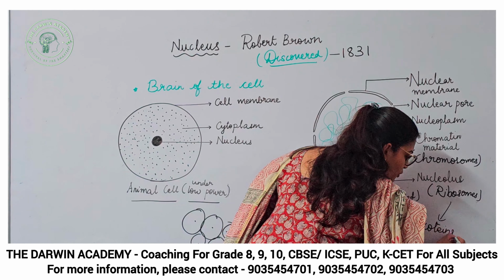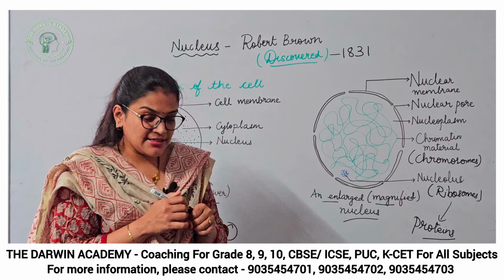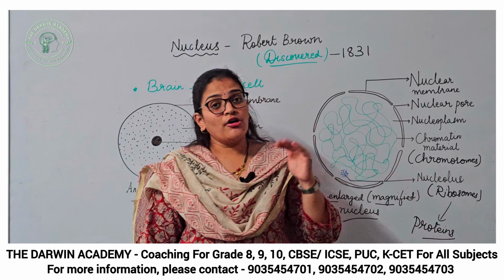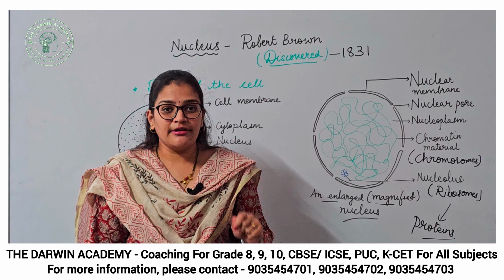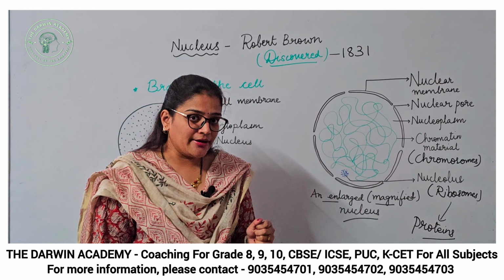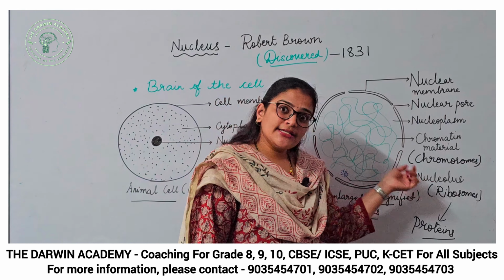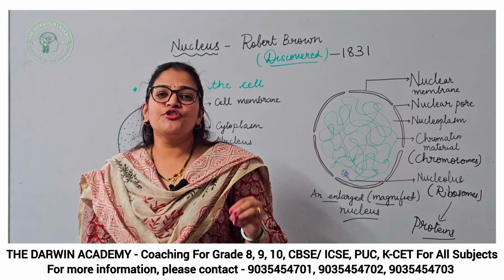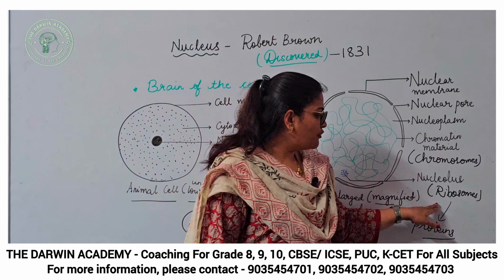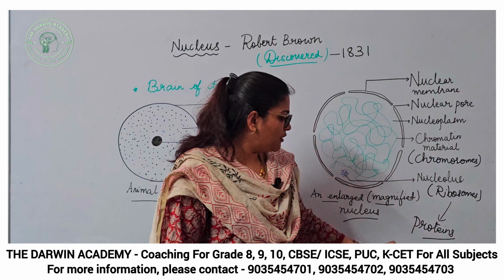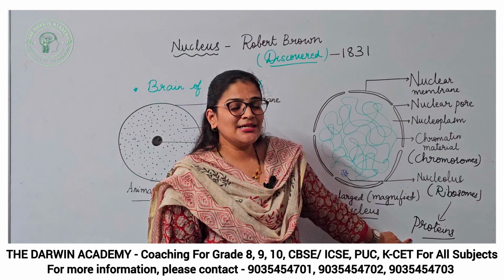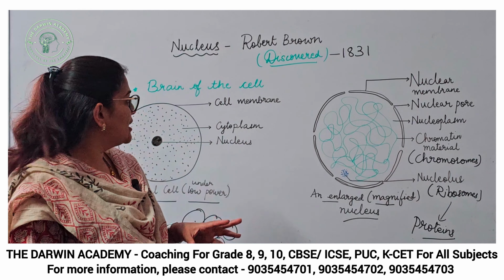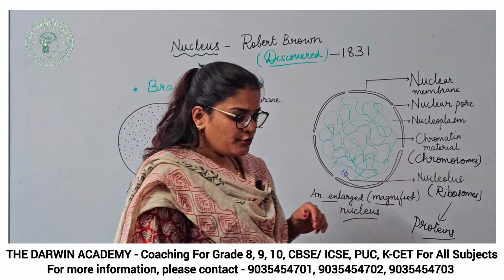We would be talking more about protein synthesis and how these ribosomes are used when I'm talking to you about the endoplasmic reticulum or the ER. Okay, so as of now, you should know that the nucleolus helps to make the subunits of ribosomes, which are later utilized for protein synthesis. I hope with this, the concept of the nucleus is clear for all of you.